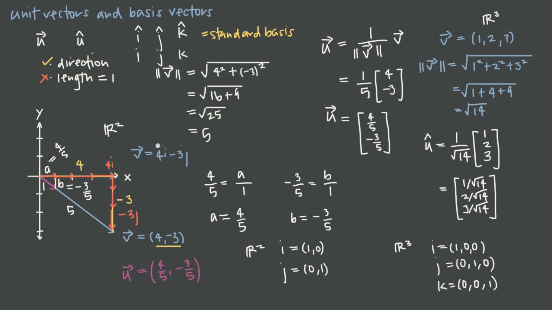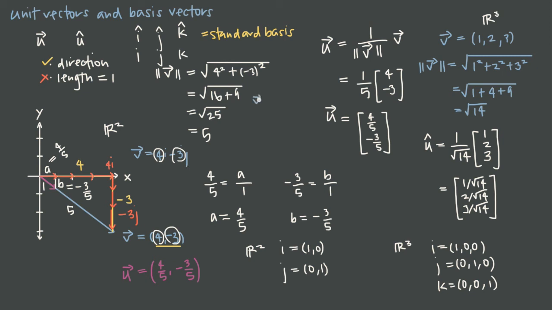You just figure out how many horizontal components you have. That tells you how many i's you have. And then you figure out how many vertical components you have, and that tells you how many j's you have. And obviously you can see here that we have these components 4 and -3, which match the 4 and -3 from the vector v. So really, we always have 3 ways to write the vector.